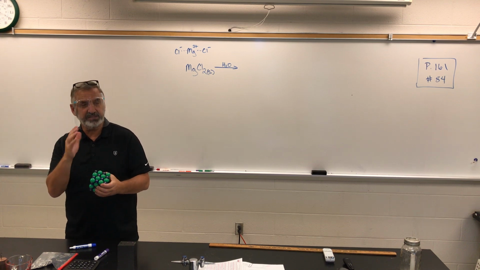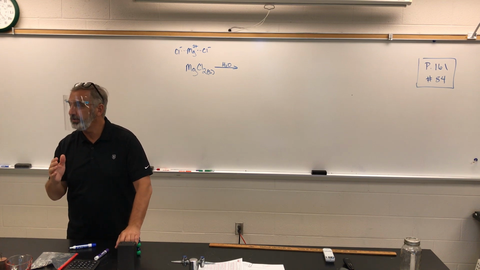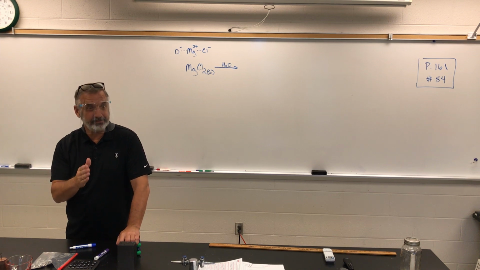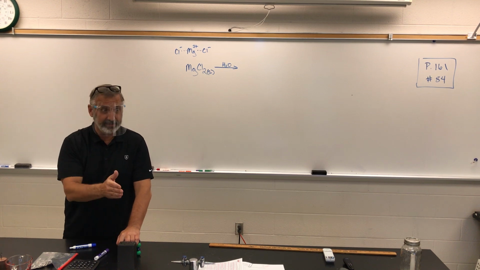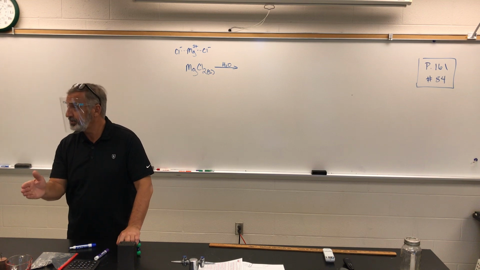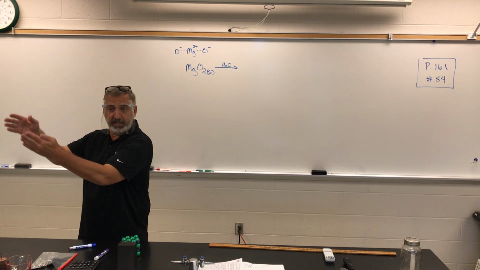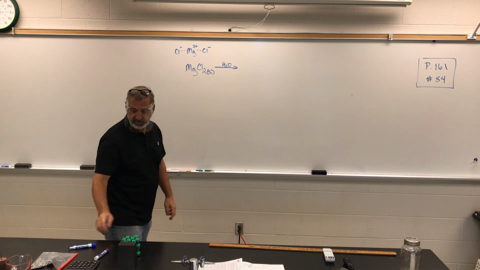Ionic compounds, this is deep, stay with me, are composed of ions. So when they dissolve, they don't make molecules, they dissolve as individual ions. So in an ionic compound, a metal and a nonmetal, it's going to dissolve as ions. So what's this going to break up into?